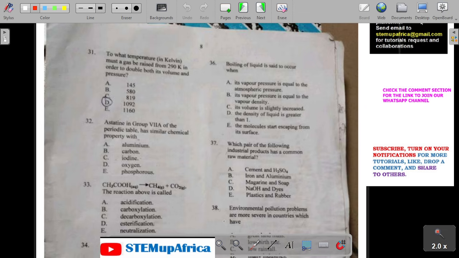You said, to what temperature in Kelvin must a gas be raised from 290 in order to double both the volume and pressure? So nothing is constant this time. Both volume and pressure are doubled. So I'm going to use the general gas law, P1V1 over T1 equals P2V2 over T2.